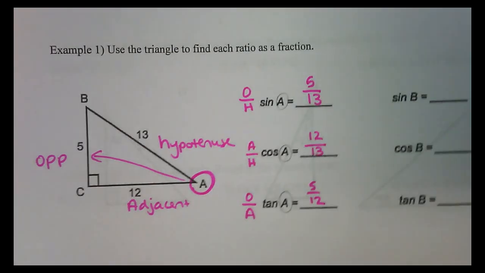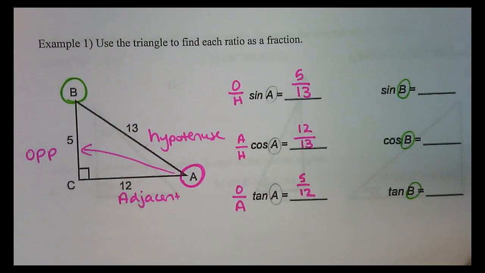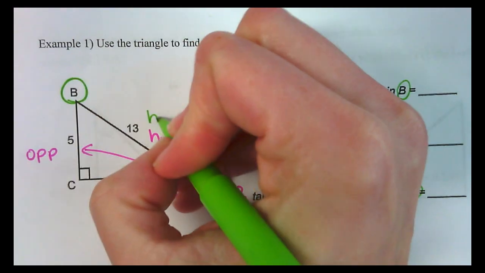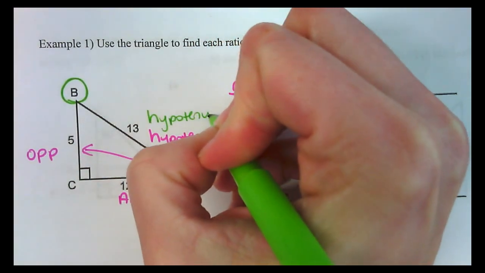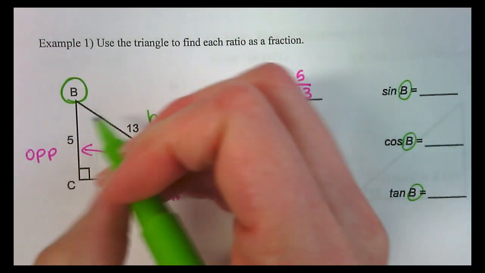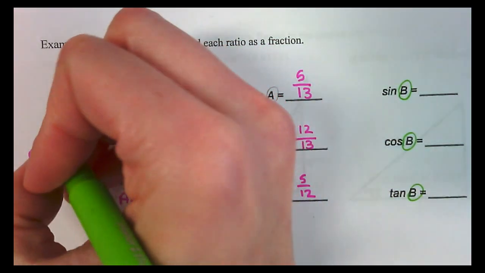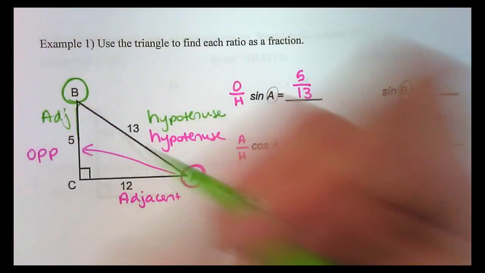Okay, for the next one, we're doing angle B. Angle B is here. Hypotenuse doesn't change. Hypotenuse is always the same side. Now, opposite and adjacent are going to be different because this side helps make angle B, so this is adjacent.